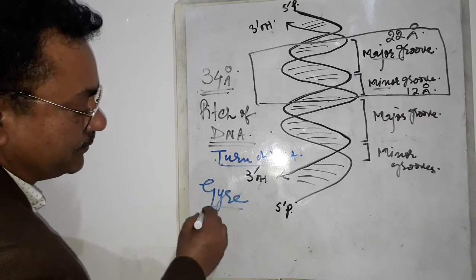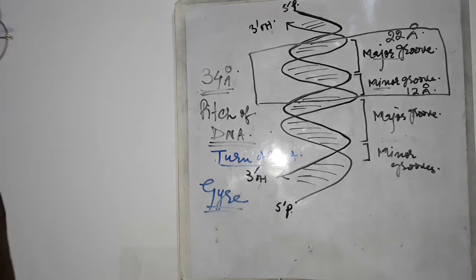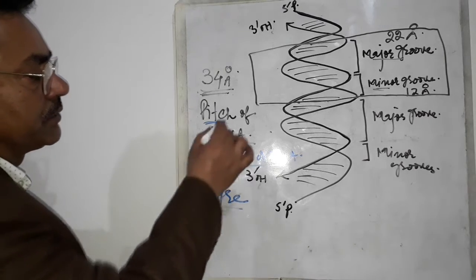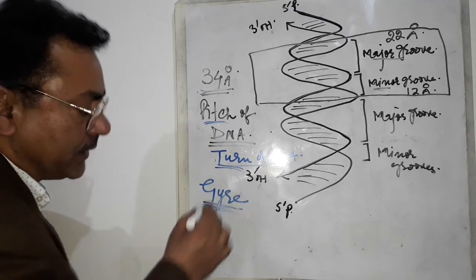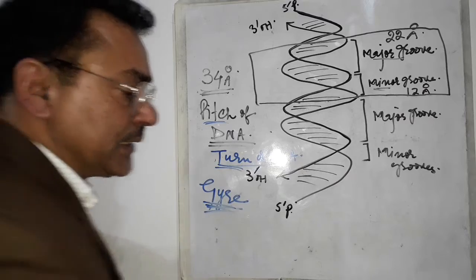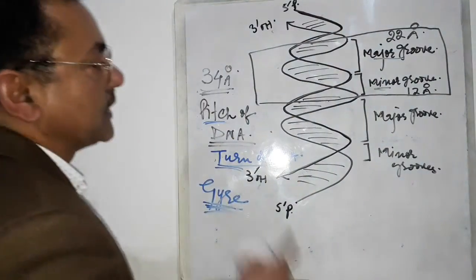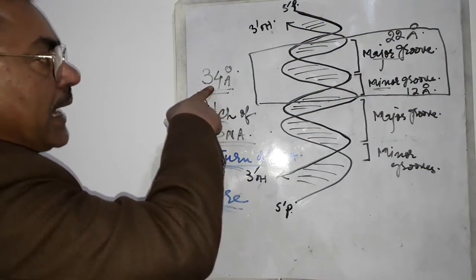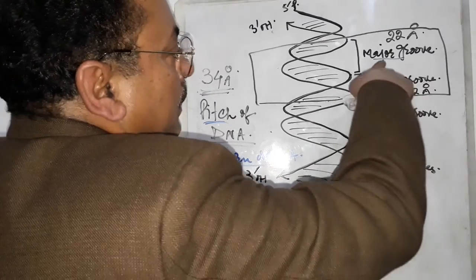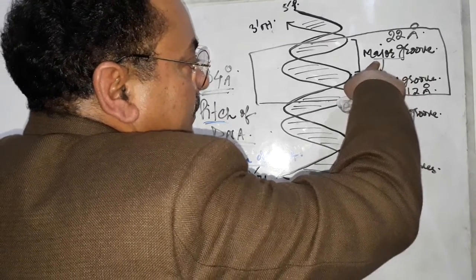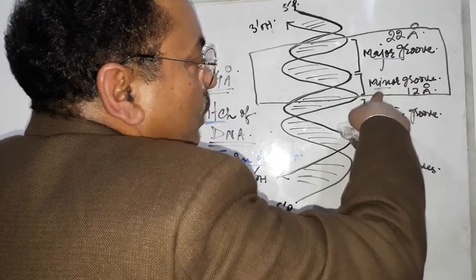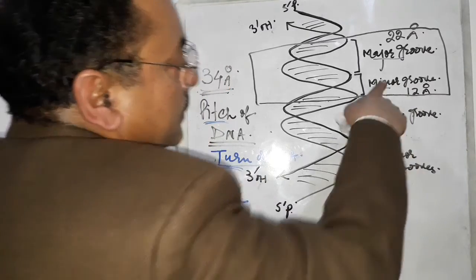Gyre of DNA. So it has three names: pitch or turn or gyre. So a gyre is one complete turn that corresponds to 34 angstroms. Or you can say it includes a major groove and a minor groove.